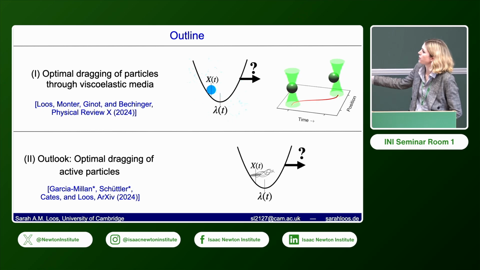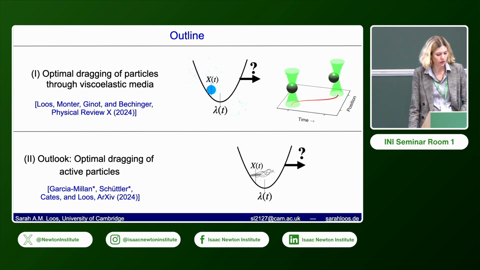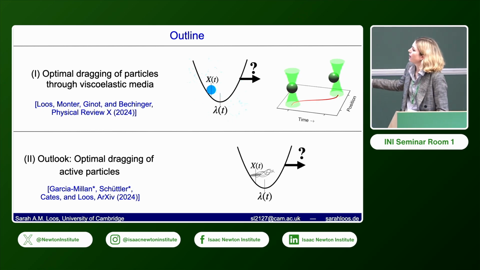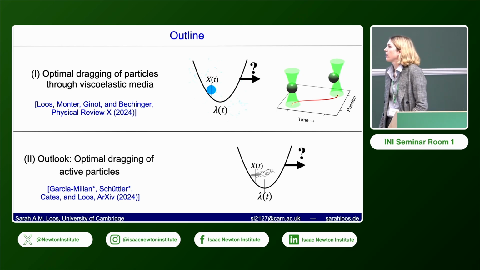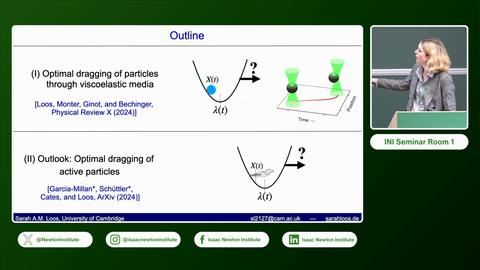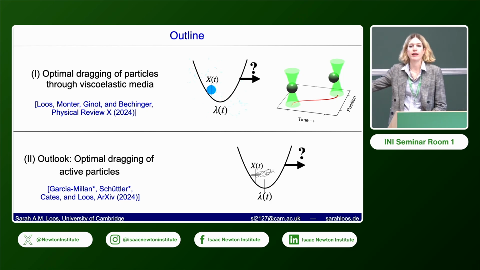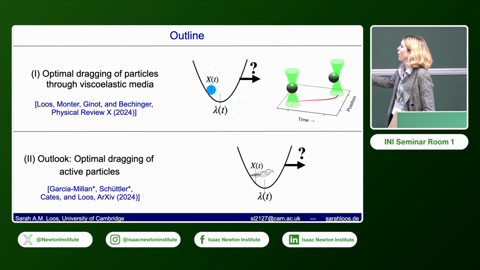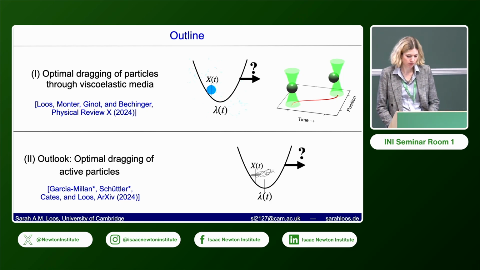And the work that I'm presenting has also been published already this year. And at the end, I will give a very brief outlook where instead of considering a viscoelastic surrounding, we look at the same problem, but we replace the passive particle by an active particle, and we study what is the optimal protocol to move this active particle.